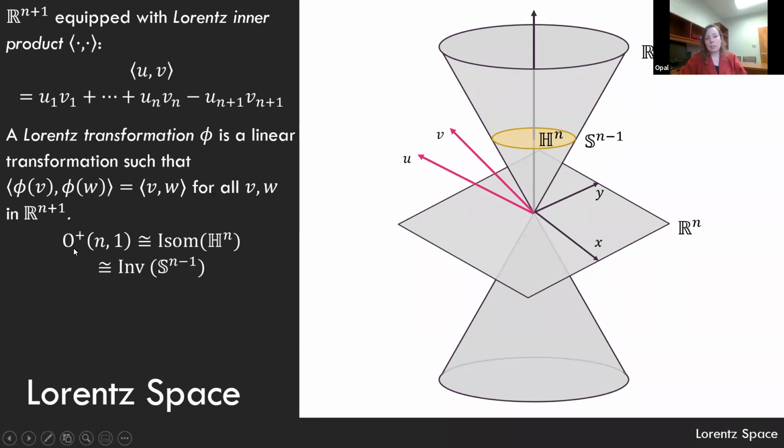And so positive Lorentz transformations are just Lorentz transformations that are taking positive time-like vectors to positive time-like vectors. Positive just meaning that their n+1 coordinate is positive. If we're interested in orientation preserving, then we have this relationship down below too.